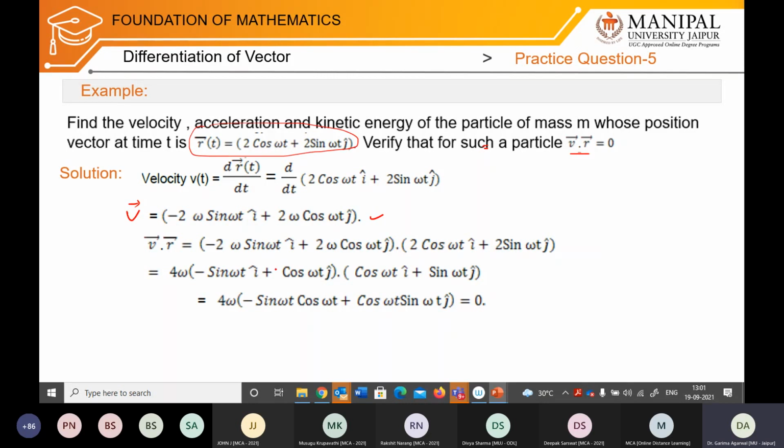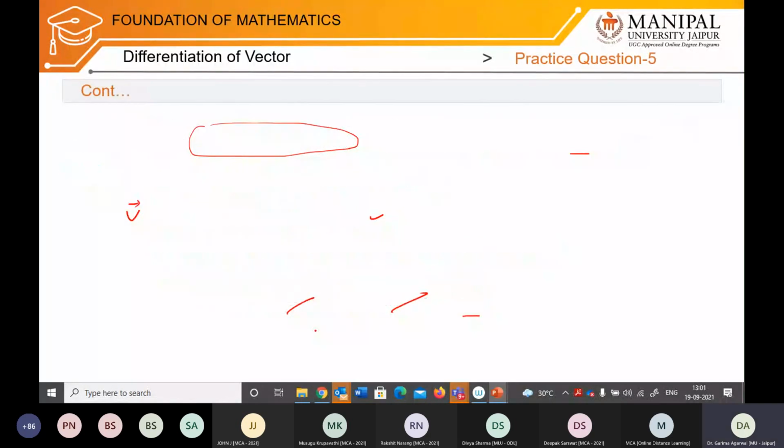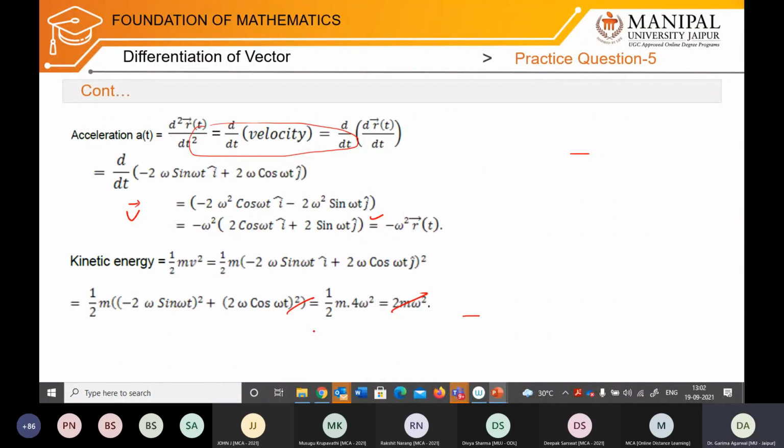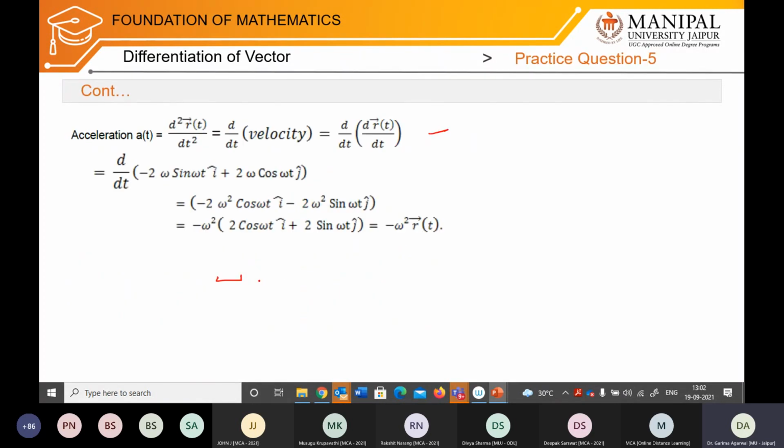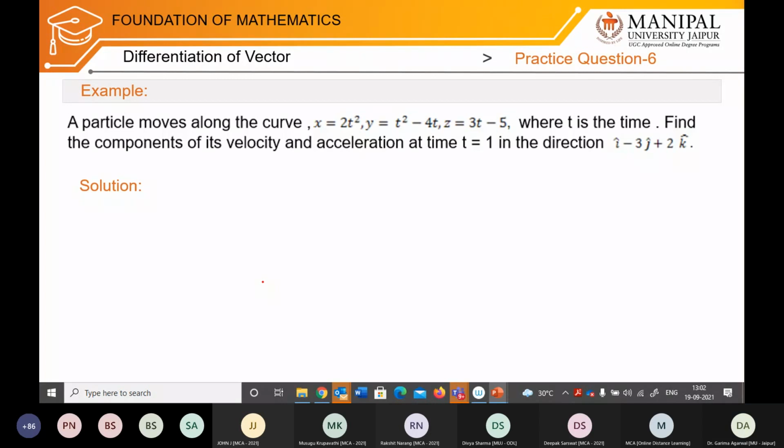We need to find the dot product of these two terms. So v dot r is 0; both terms will cancel out, right? Similarly, acceleration is the second order derivative, and kinetic energy is half m v square. Half m will remain unchanged, and v square, that is velocity square, we have found in the previous slide, right?